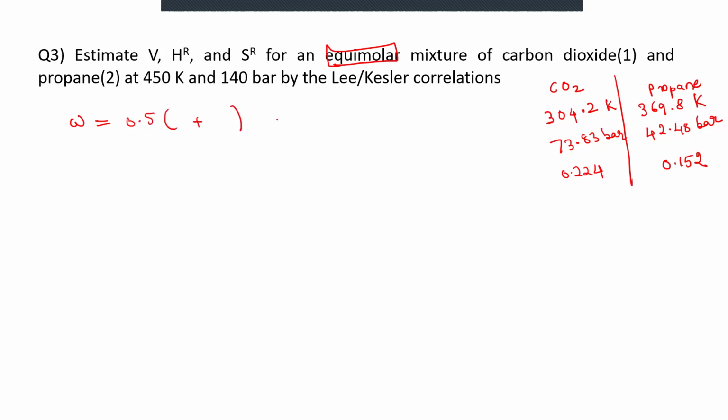Okay, and we get it as 0.188. Similarly, we get TPC is equal to 337 Kelvin. And PPC equals to 58.15 bar.